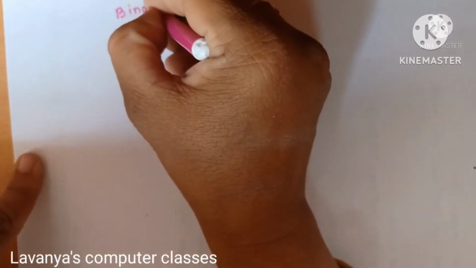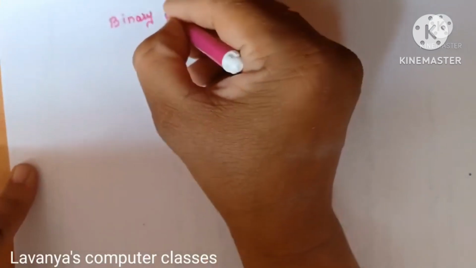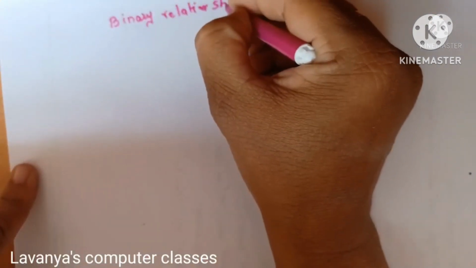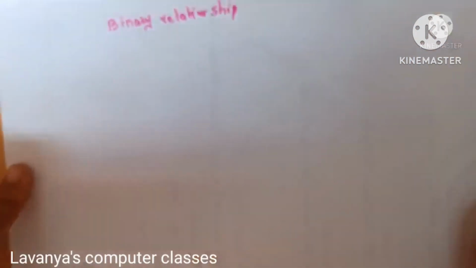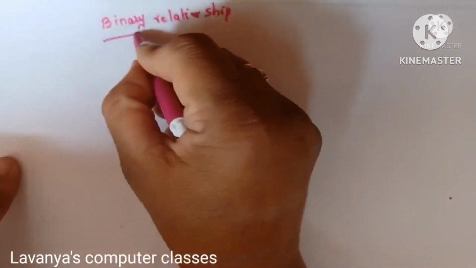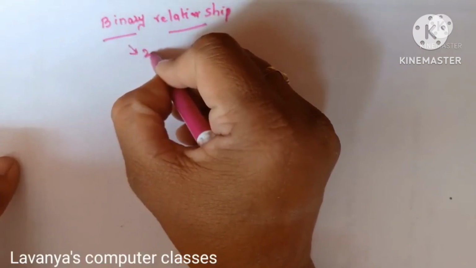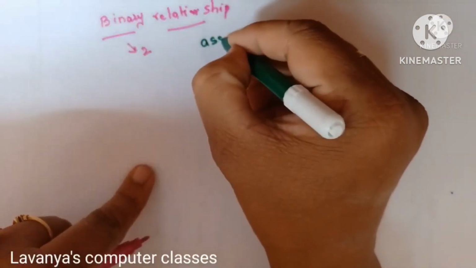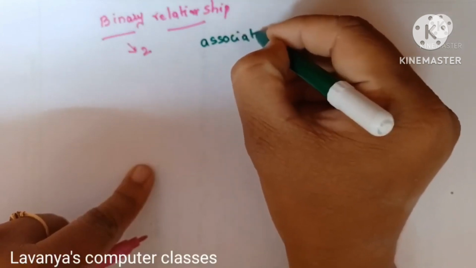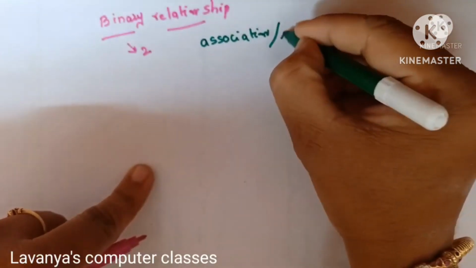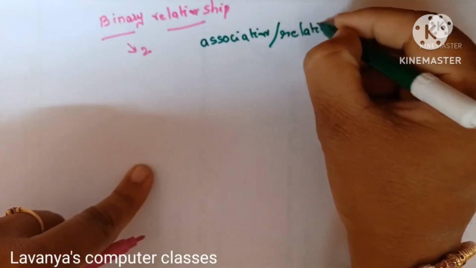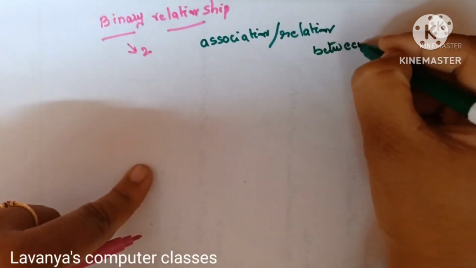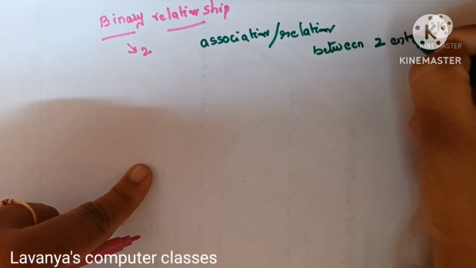Second one is binary relationship. Binary means 2. So in this relationship, 2 entity sets are participated. The association or relation with 2 entity sets is known as binary relationship.